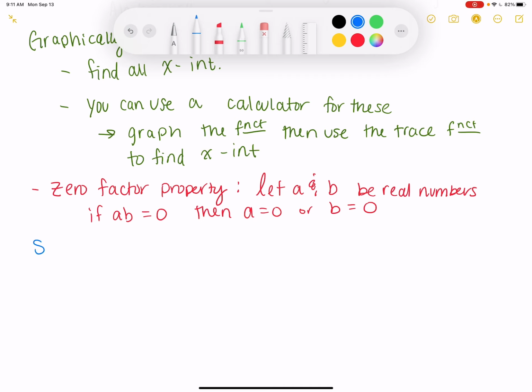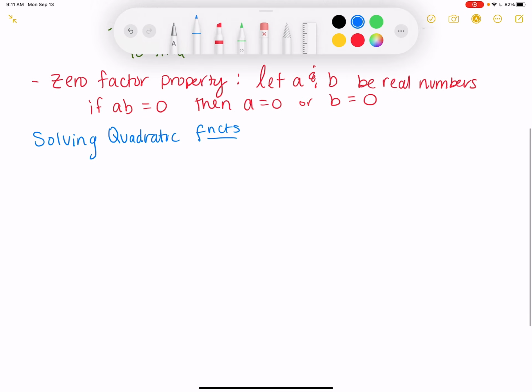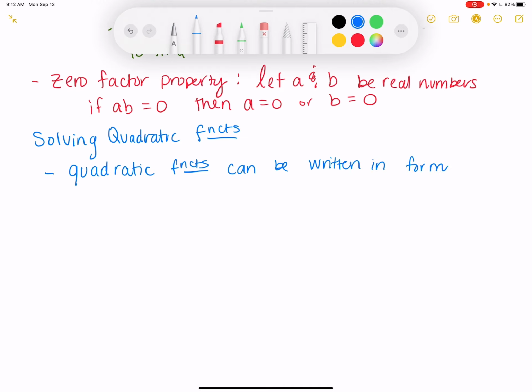All right, solving quadratic functions. Just a refresher, quadratic functions can be written in the form ax squared plus bx plus c equal to 0, assuming a, b, and c are real numbers.